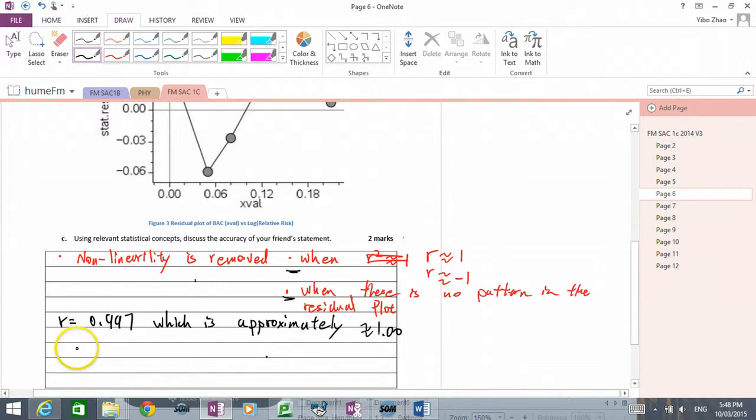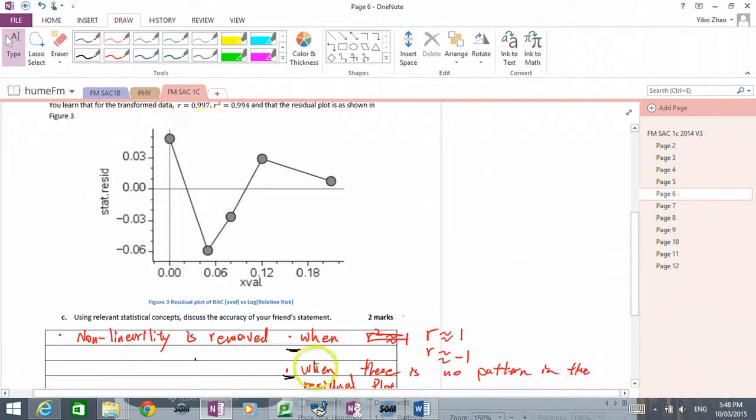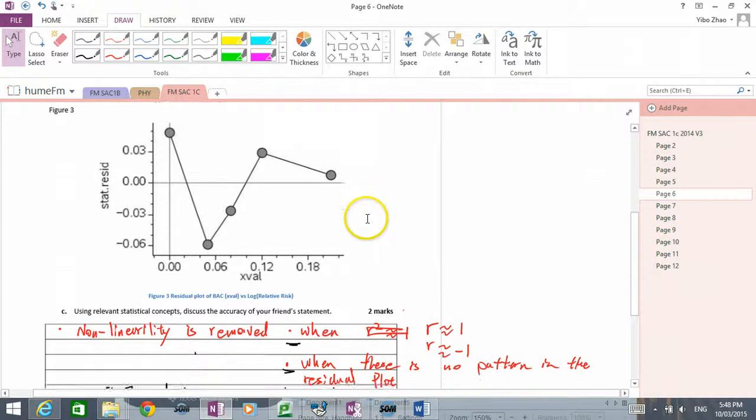And what's happened is the residual plot shows no pattern in this case. The residual plot in this case shows no pattern.